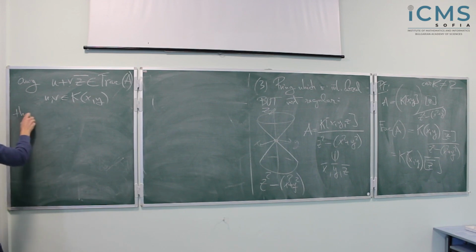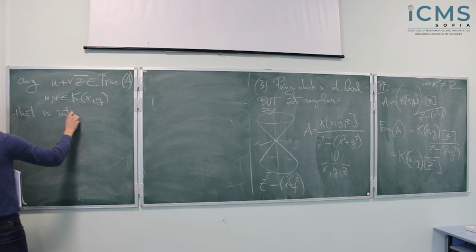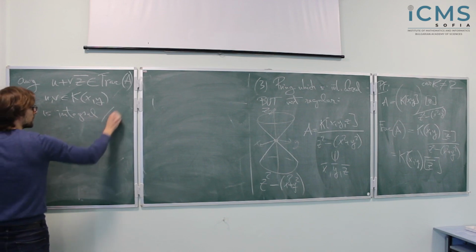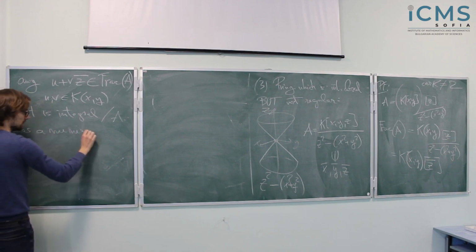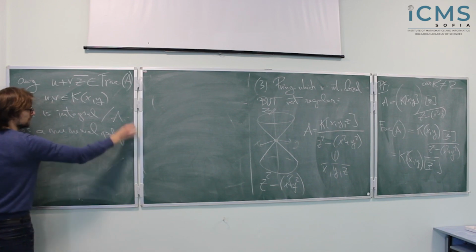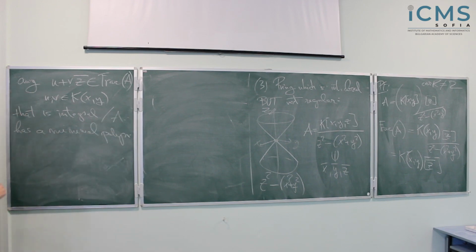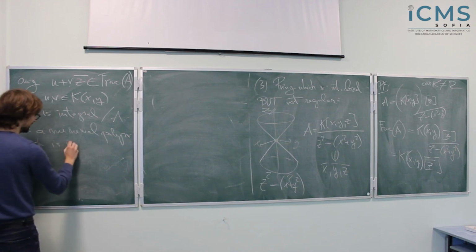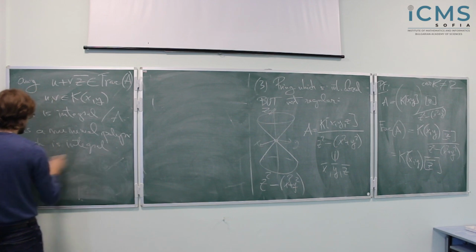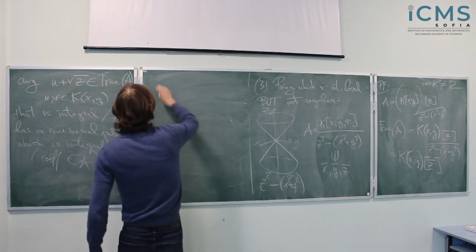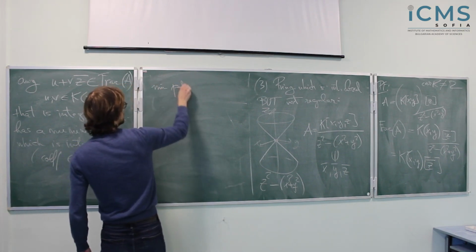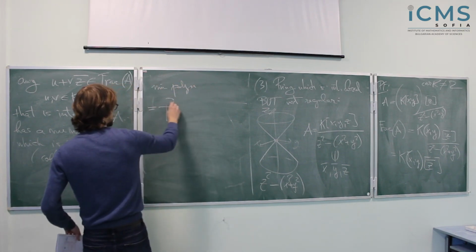That is integral over A, has a minimal polynomial, which is integral, meaning that its coefficients are in A, and its minimal polynomial is going to look as follows.